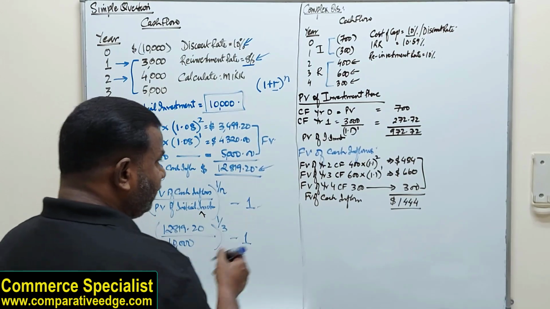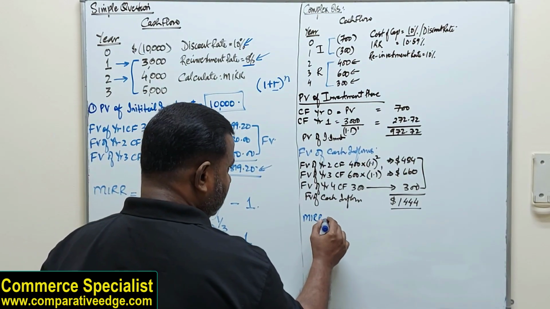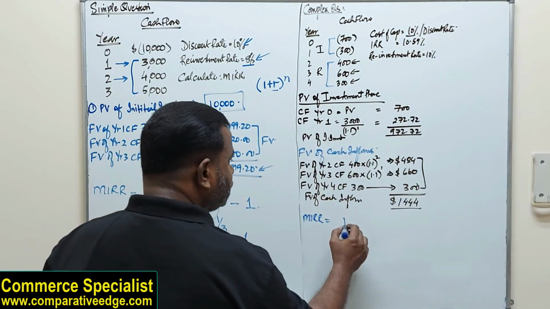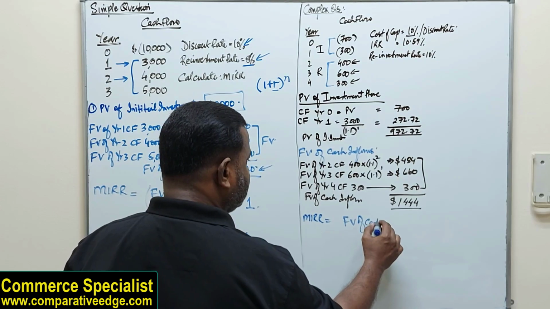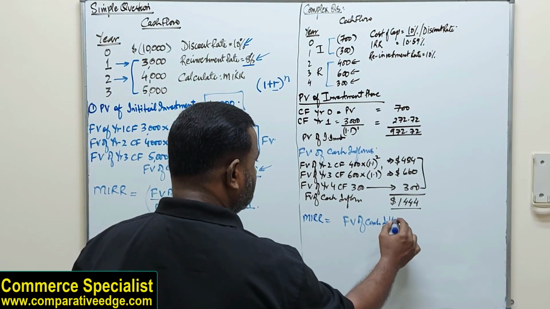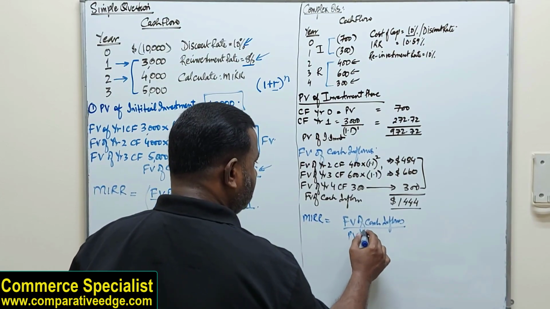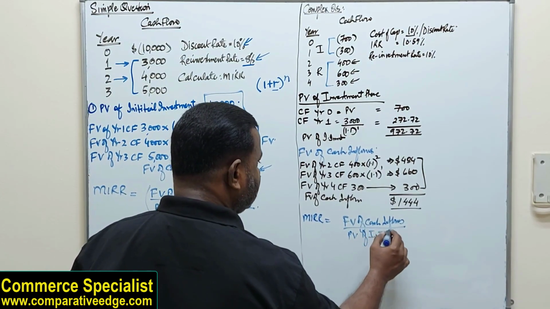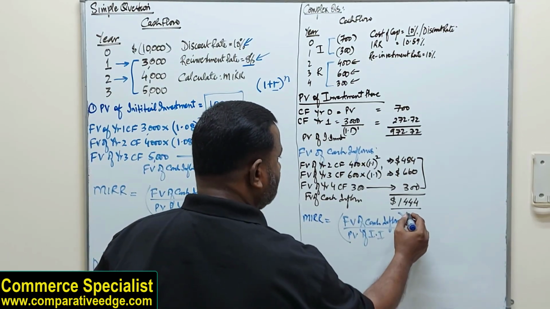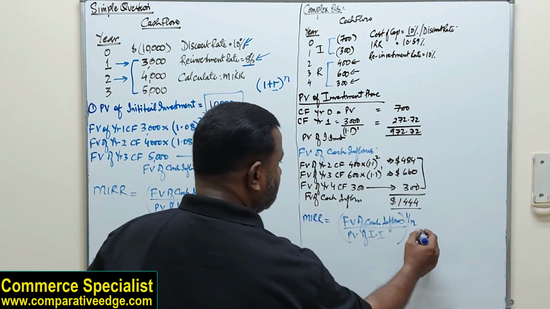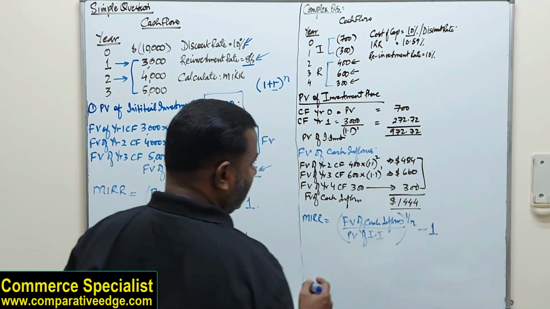So guys, here again we will plug all the information into the MIRR formula. The formula for modified internal rate of return is MIRR is equal to future value of cash inflows divided by present value of initial investment, whole thing to the power 1 upon n, and then the entire answer you minus 1 from that.